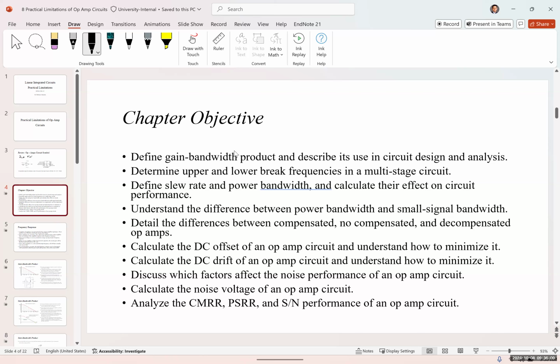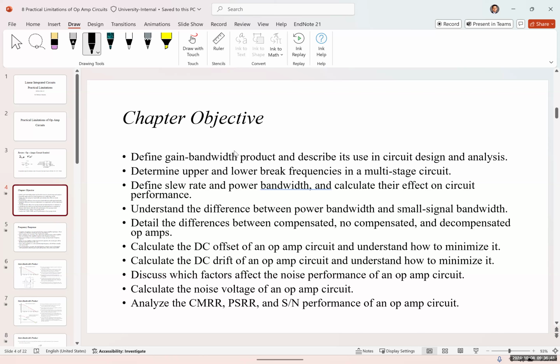We want to determine the upper and lower break frequencies in a multi-stage circuit, and by determining the upper and lower break frequency, we can determine the frequency response. Define the slew rate and power bandwidth, and calculate their effect on circuit performance. Understand the difference between power bandwidth and small signal bandwidth.